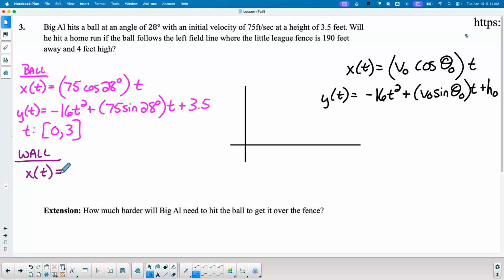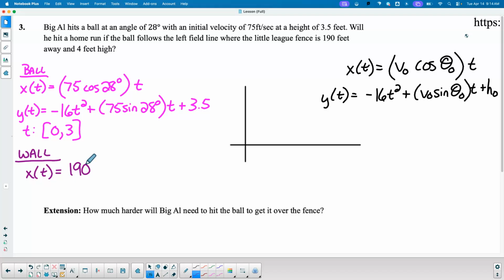What part of the parametric equation does the x function represent? So how far away it is? Okay, so how far away is the wall? 190 feet. So the x parametric equation would be 190.